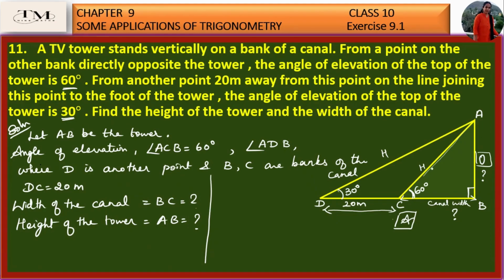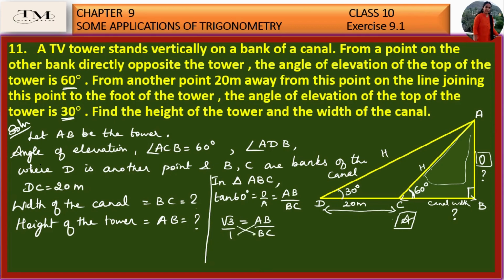In triangle ABC, tan 60 equals opposite by adjacent. The opposite side is AB and the adjacent side is BC. Tan 60 is root 3, so root 3 equals AB by BC. Cross multiply: AB is equal to root 3 BC. This is equation number 1.